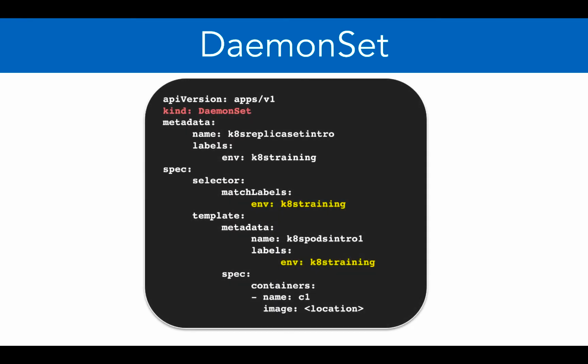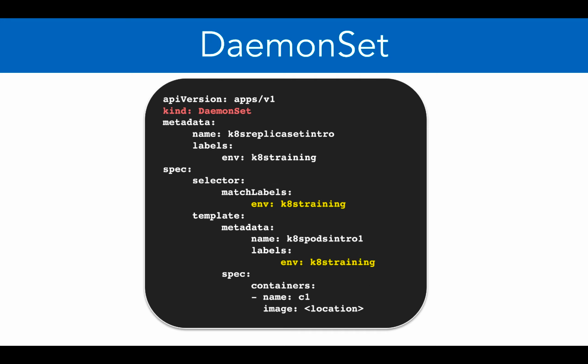Now, how does the manifest file look? As I said, it's very similar to deployment. The kind is daemon set, and that's all. Everything else is similar to deployments. So we mention metadata, we can mention names and labels, and in specification, we mention selectors, and then we provide the pod template wherein we also have metadata under which you have name and labels, and then in specification we provide the container name and its image and port if any.